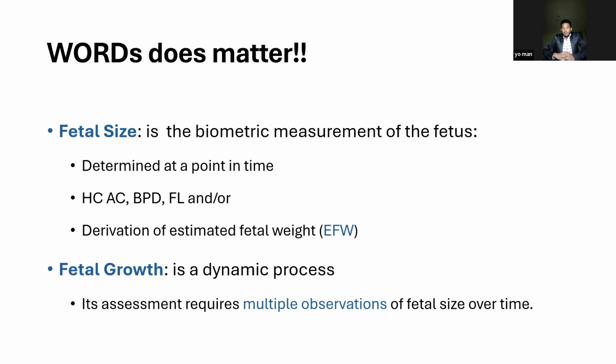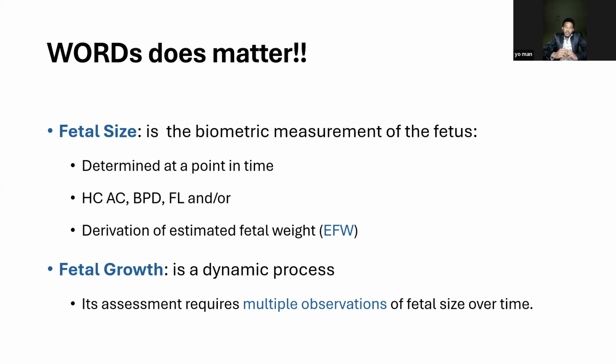Fetal size is the biometric measurement of the fetus, determined at a point in time by using those indicator measurements here. Another thing that could tell us about the fetal size is the estimated fetal weight.